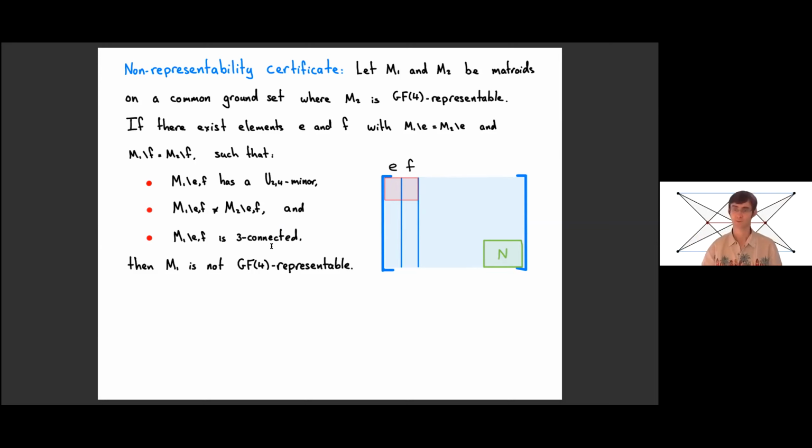This portion of the matrix is unique because of 3 connectivity and the fact that N has a unique representation. And then those representations extend uniquely to E and F. So that would be a unique candidate representation for M. But the bad determinant is a proof that your matroid isn't this candidate representation. And so that's a proof that your matroid is not representable.